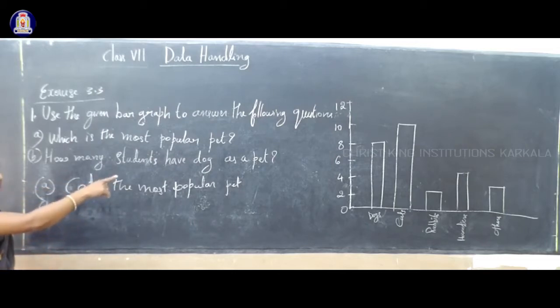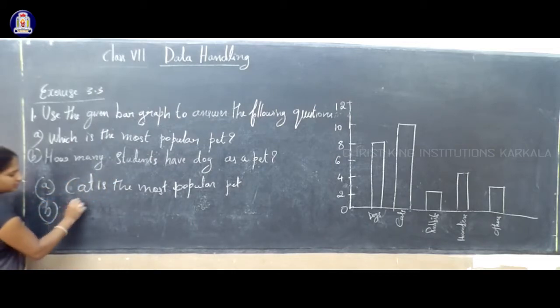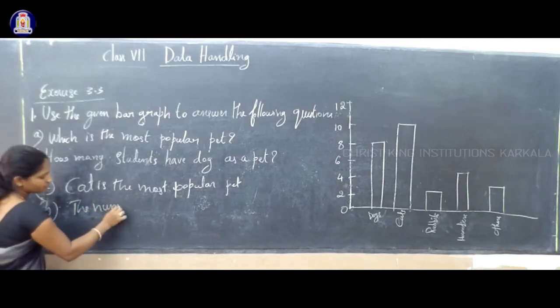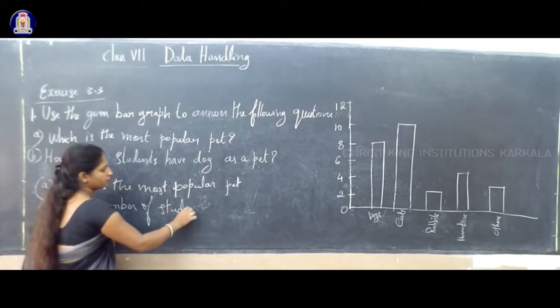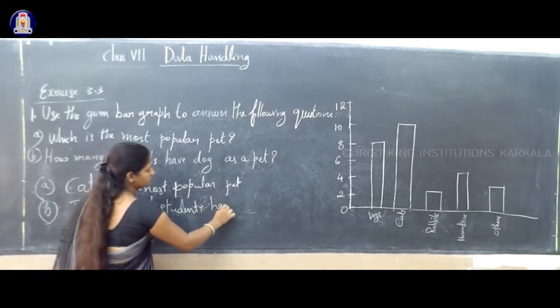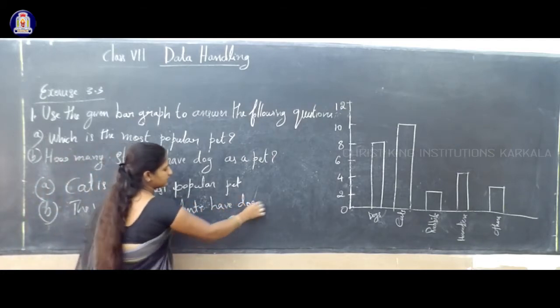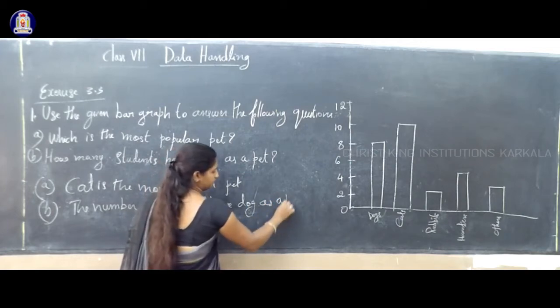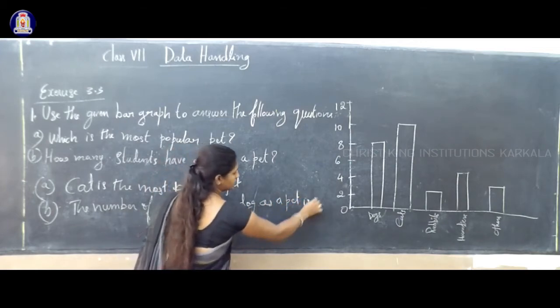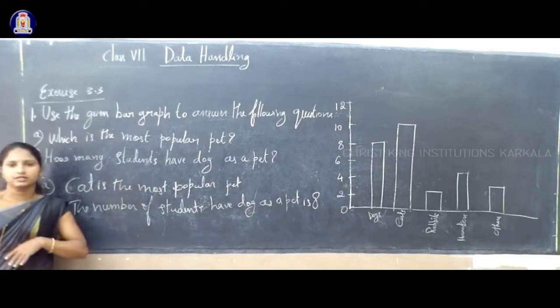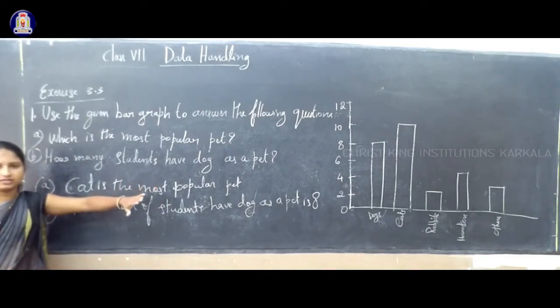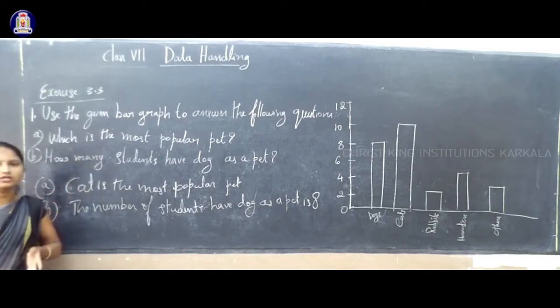Is it correct? Yes. So we can write: the number of students who have a dog as a pet is 8. Only 2 questions they ask, so answer them by seeing the bar graph. That is why the bar graph is given. You have to answer the following questions. Clear?